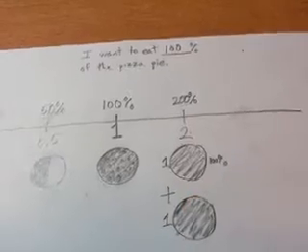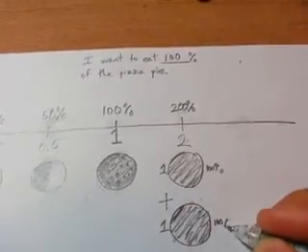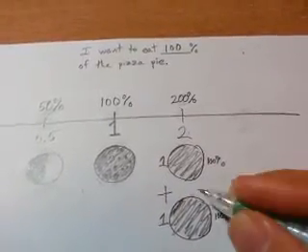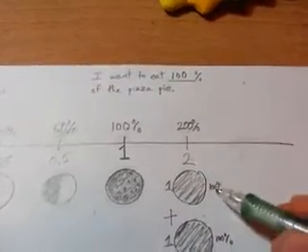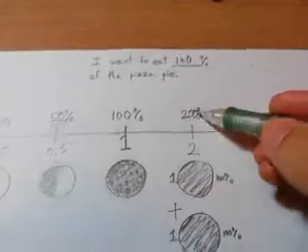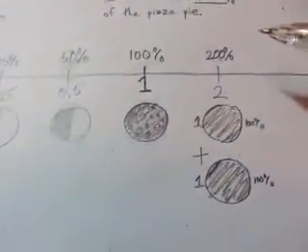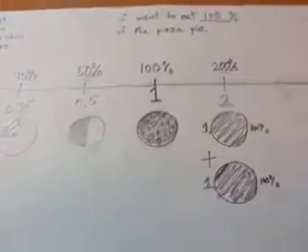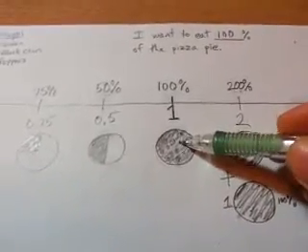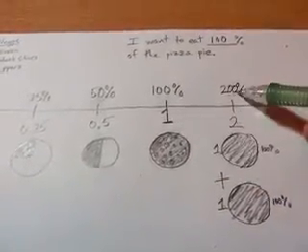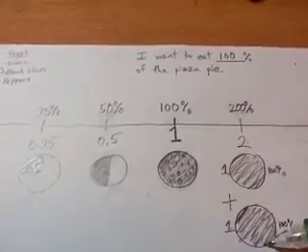Because that's 1 whole pizza. That represents another 100%. And so together, what do I have? 1 plus 1 is my 2. Or 100% plus 100% gives me my 200%. So that's what that 200% of my pizza means, right? Not just 100%, that's just 1. If I want 200%, that means I want 2 pizzas.